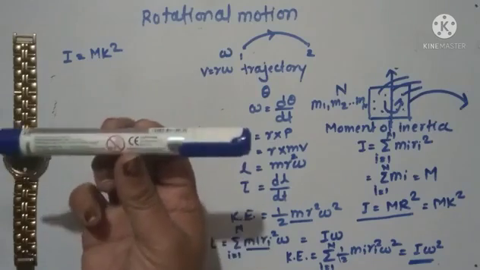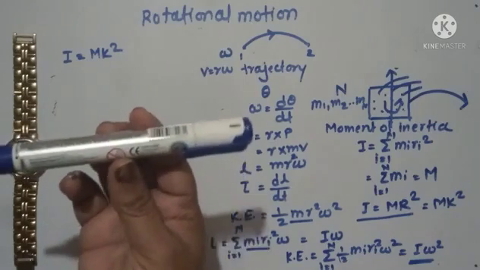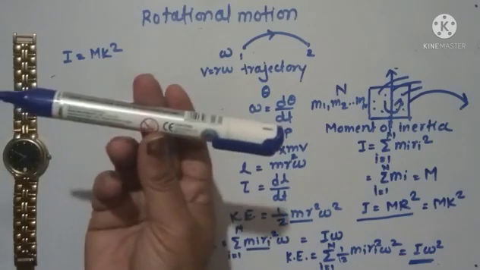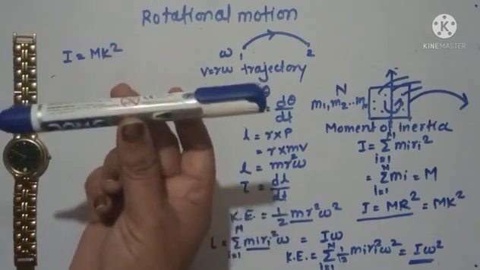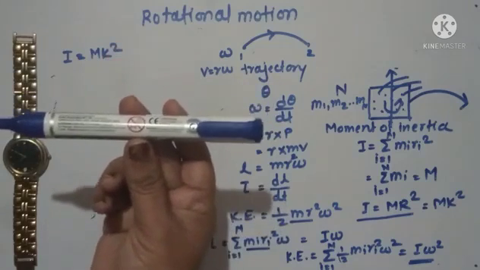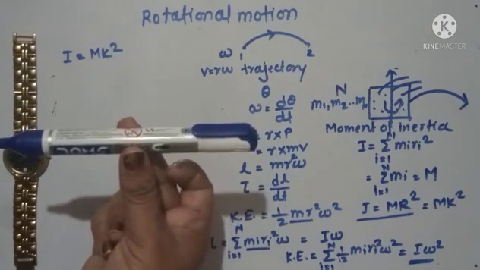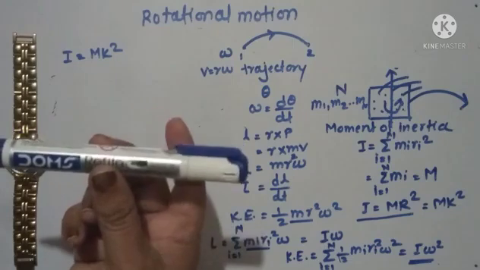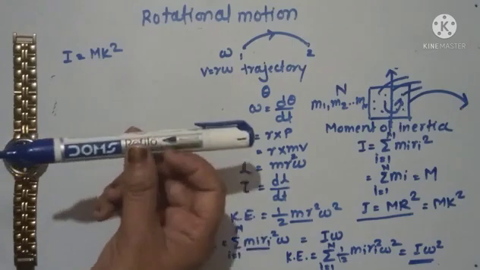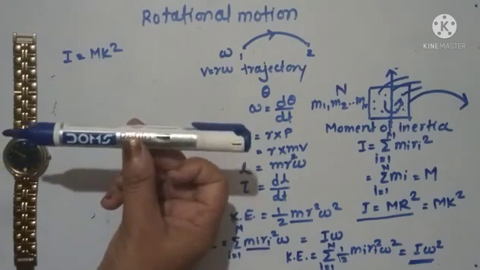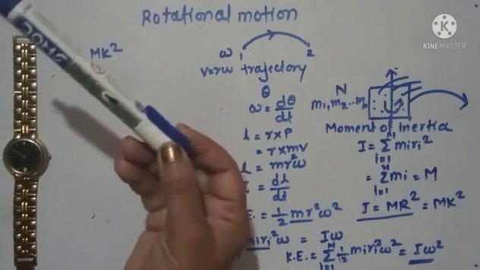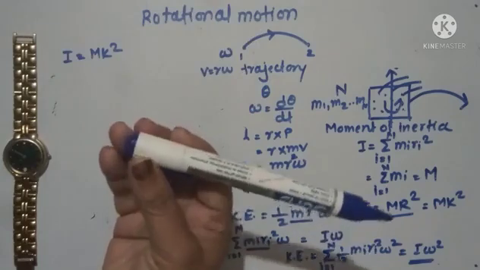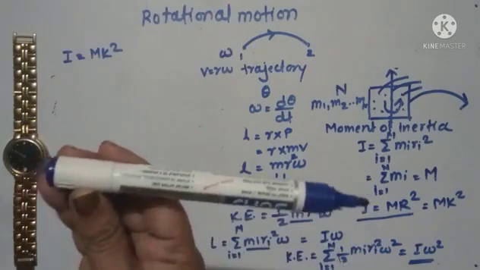Suppose let us consider this plane. In this plane there is a point at which, if I hold it, this plane will remain steady. That point where the whole mass of the body is supposed to be concentrated is called the center of mass. And if I am rotating the pen in this direction like this, the axis of the rotation will be here.